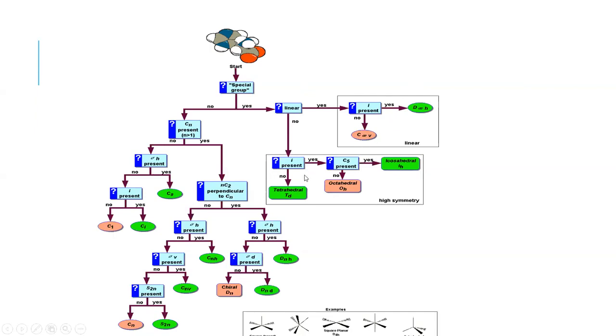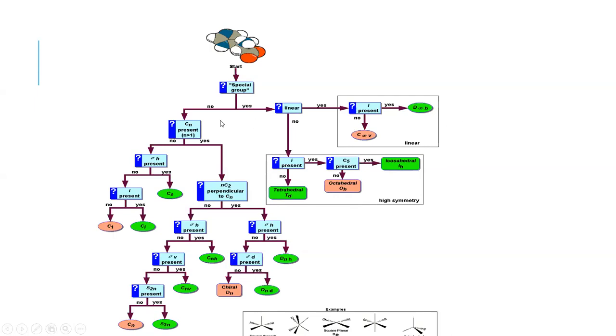If your molecule has multiple C3 axes, that is 4 C3 axes, then your molecule is tetrahedral. If your molecule has a center of inversion and does not have a C5 axis, then it is octahedral. If your molecule has a center of inversion and a C5 axis, then your molecule is Ih, that is icosahedral. So this goes with the special groups.